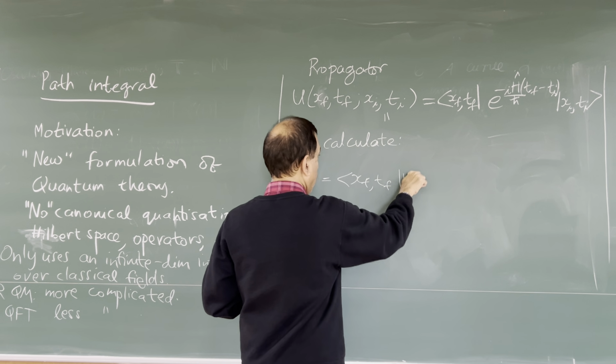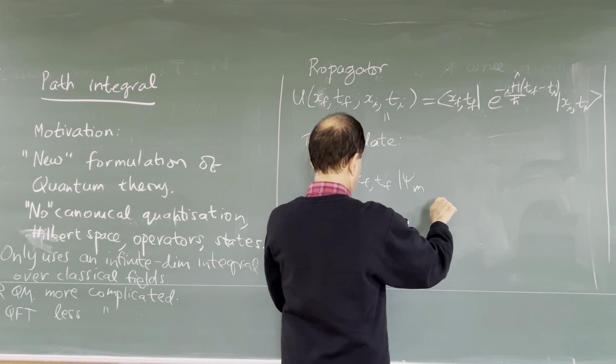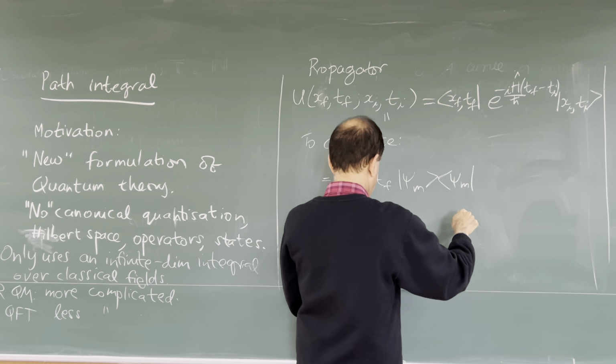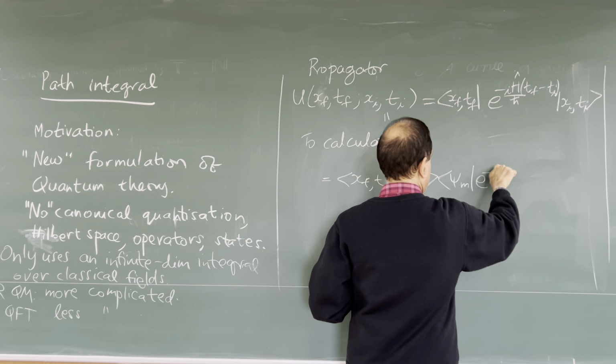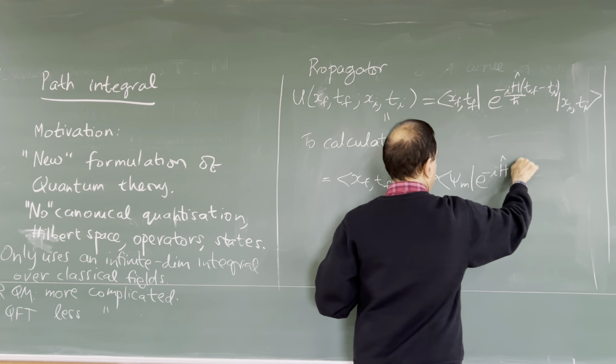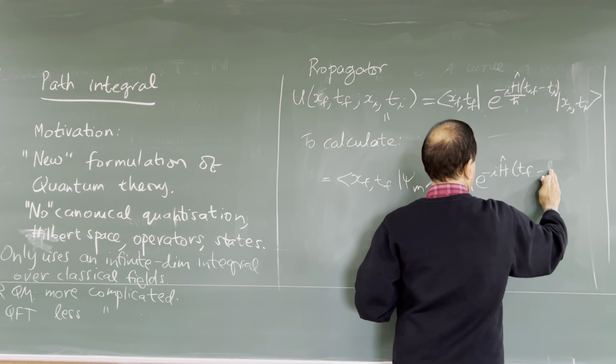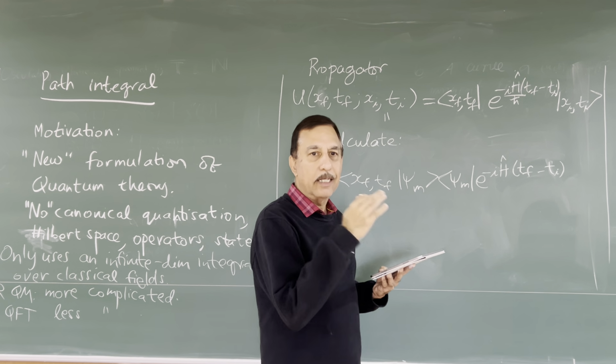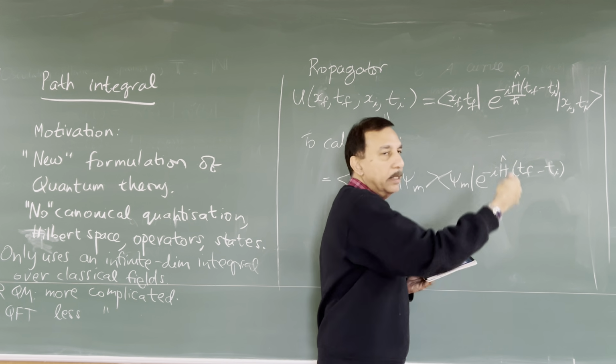So here we will put a psi m, the ket of an energy eigenstate or stationary state, and then here we will put this operator. Please keep remembering that this is not h bar function of tf minus ti, but h hat times tf minus ti.